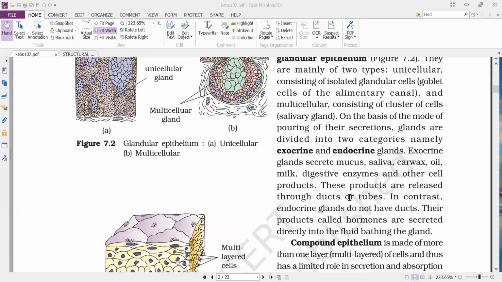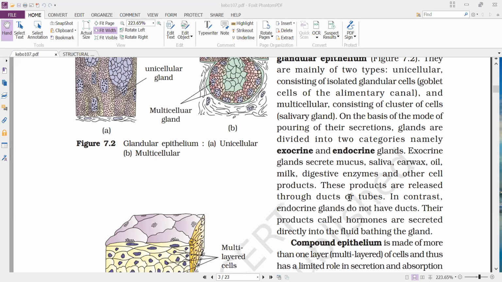That means all these secretions are secreted by the glands, and they are released into some specific region through the ducts. For example, if you take the salivary glands, you might have studied in your lower classes, there are three pairs of salivary glands present at different places near the mouth. Some are present near the ear, the parotid glands.